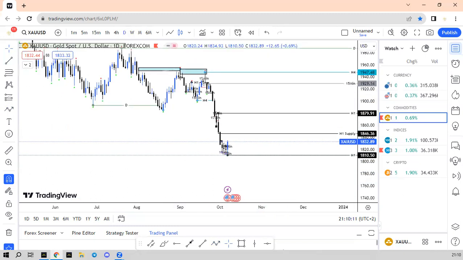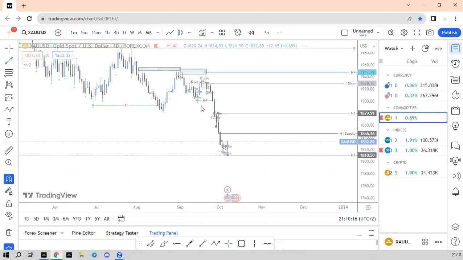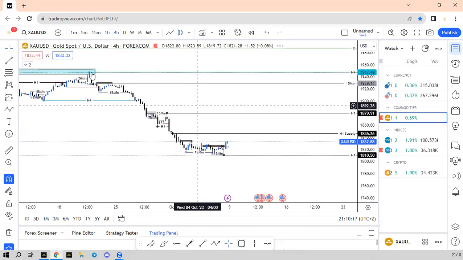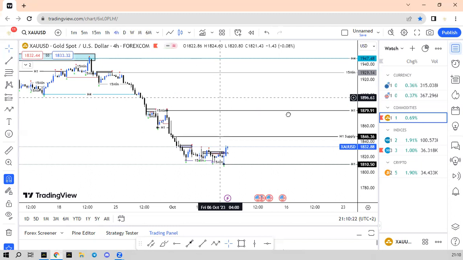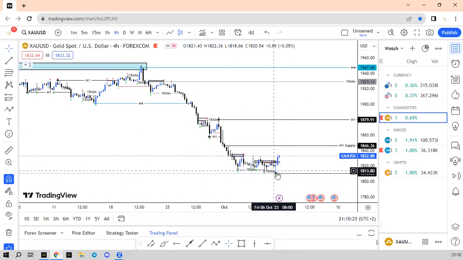Then let's jump into H4 range. This is the high for H4 and this is the low.